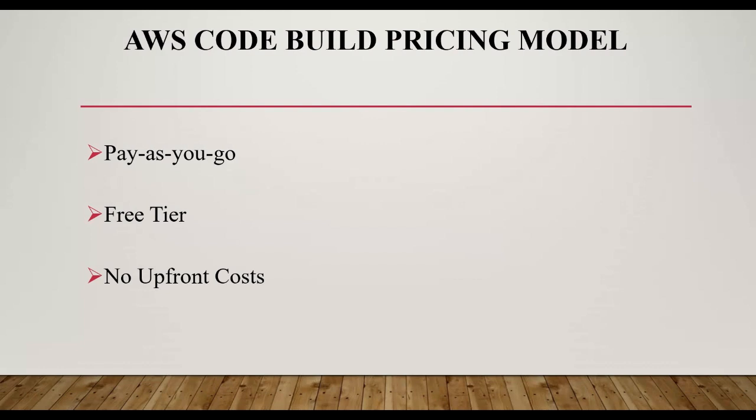The other model is pay as you go, so however many minutes or hours we use, we pay only for that. We only pay for what we use, and there is no upfront cost. So this is the pricing model. Let's go and see the demo of how it works.